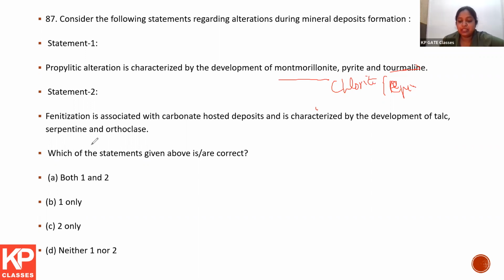Next one, phenetization is associated with carbonate hosted deposits and is characterized by the development of talc, serpentine, and orthoclase. Here, phenetization is associated with carbonate hosted deposit. That is correct, but it is not characterized by that.